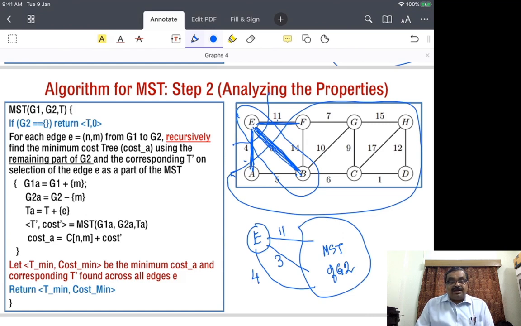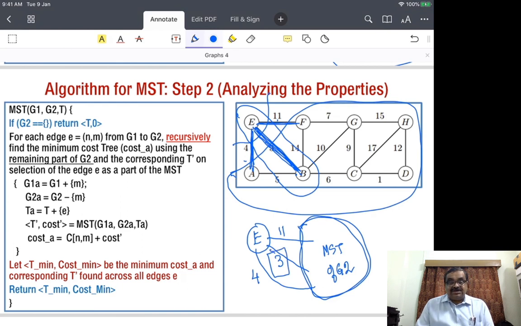Then getting the MST of G by connecting E, if I connect it with anything other than 3, I will get a larger cost. Which means that by recursion, since I am getting the MST of G2 out here and putting it back, the only and the best and the minimum way to connect E with the rest of G2 is by connecting this node with cost 3.